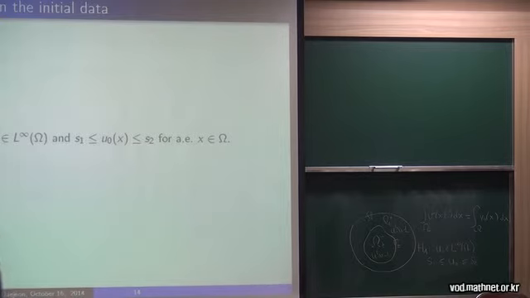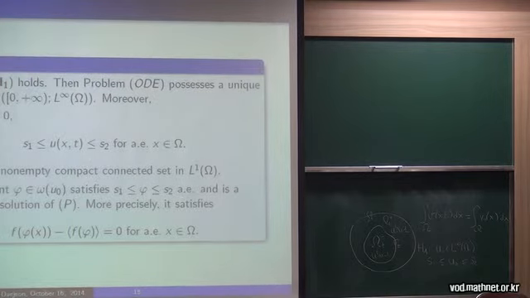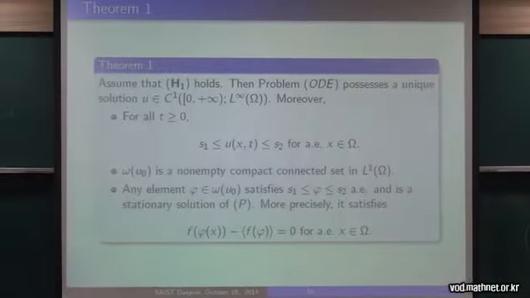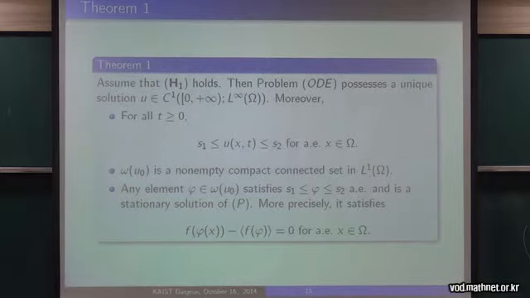Now I will show you our main results, always assuming H1. Problem ODE possesses a unique solution u, which is C1 with values in L infinity of omega. Moreover, u is bounded from below by s1 and bounded from above by s2.